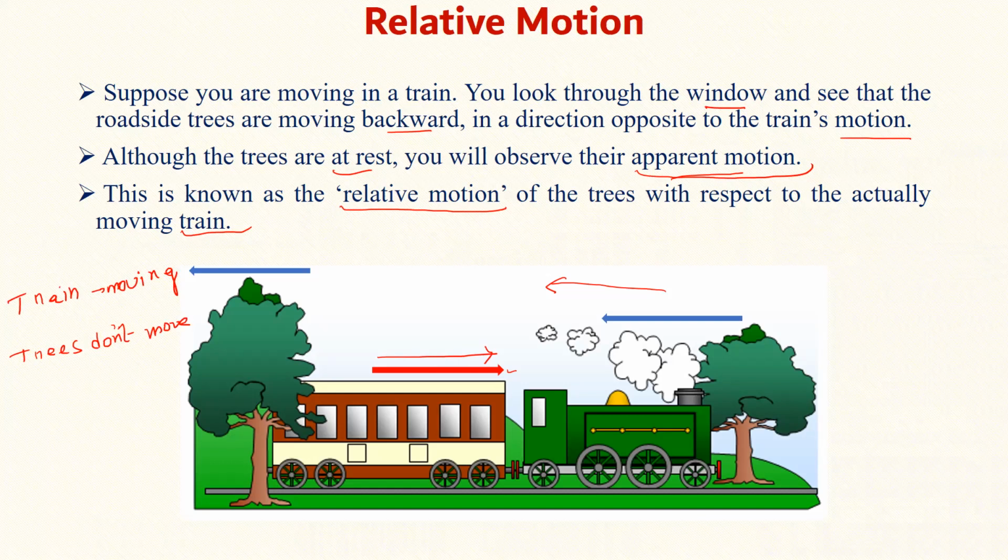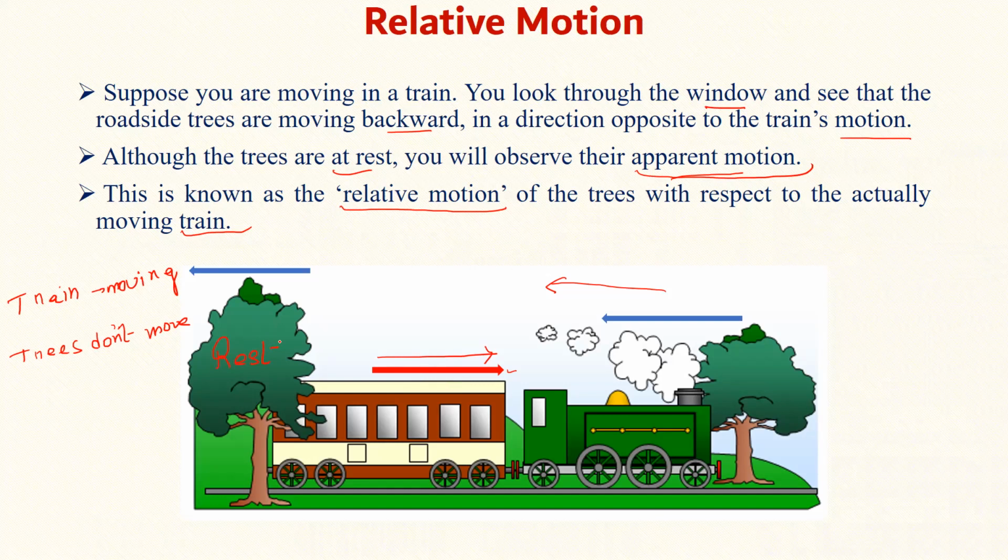They cannot move. But since you are inside a moving train and you are moving, it will seem to you that the trees are changing their position in a direction opposite to the direction of motion of the train. Although the trees are originally at rest, for you, you will see that they are moving backward with respect to you.